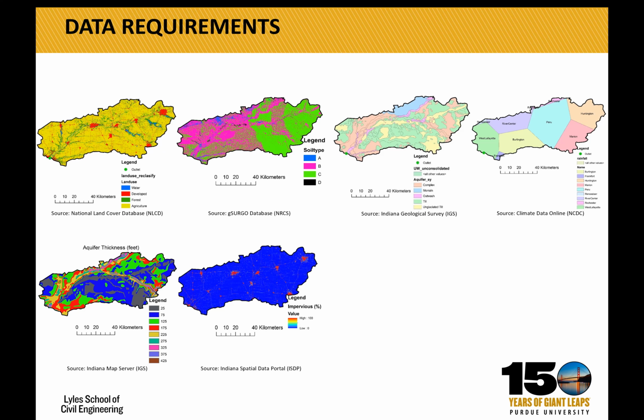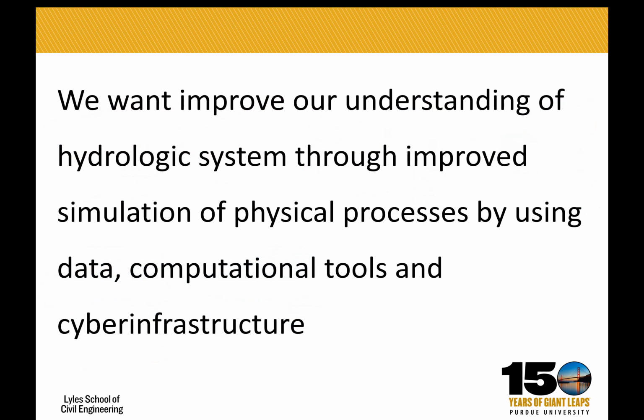So what we are trying to do in our research group is we are trying to improve our understanding of hydrologic system through improved simulation of physical processes by using available data, computational tools, and cyber infrastructure.